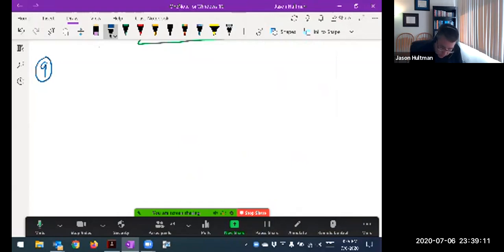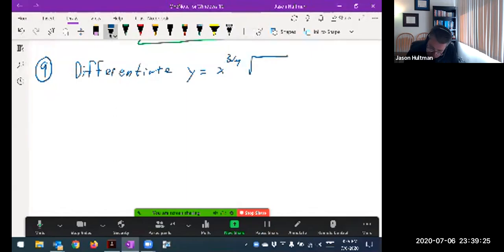Let's find y prime. Okay, let's differentiate. Y equals x to the 3/4 times the square root of x squared plus 1, all over 3x plus 2 to the 5th power.